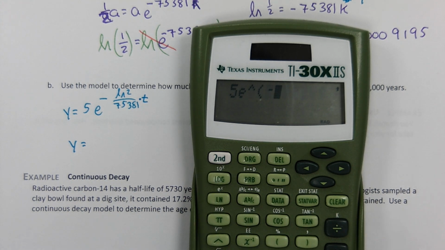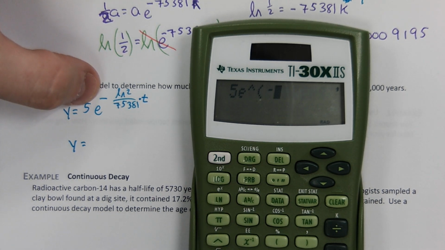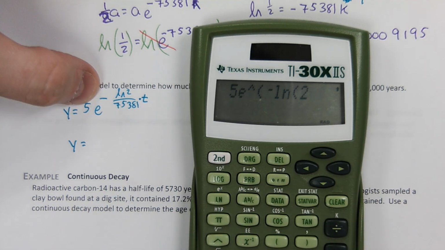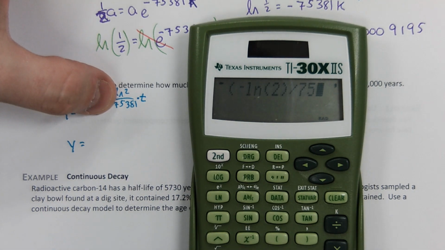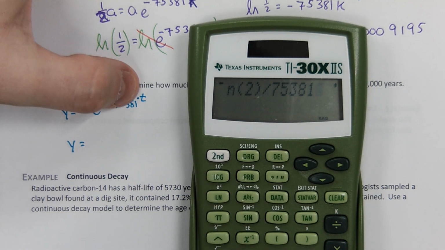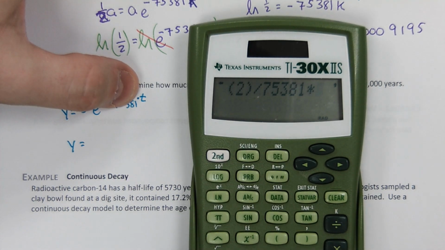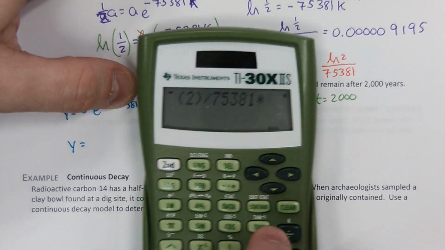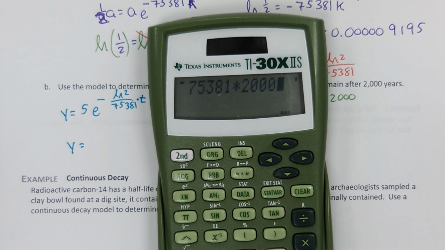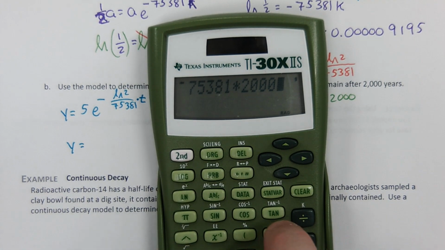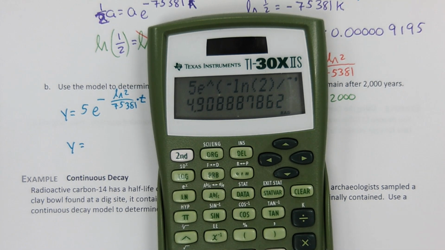I want the negative ln of 2. ln opened its own set of parentheses. I just closed the natural log. Divide that by 75381. Multiply by my value for t, which was 2,000. And that was everything in my exponent, so I now close the exponent. And I hit equals. And I have my answer.